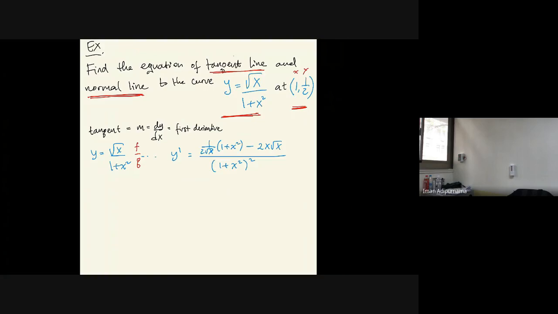Sometimes in a quiz or exam, I find a lot of students try to simplify this form first, and then plug in the number. They are wasting time to simplify because it's not what the question asks. The question is asking for the gradient, the first derivative of this curve. So if you find the number is easy to calculate, then just plug in and you get the number, right? So let's just plug in the number.